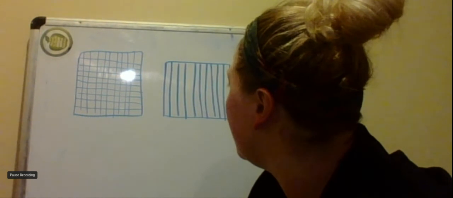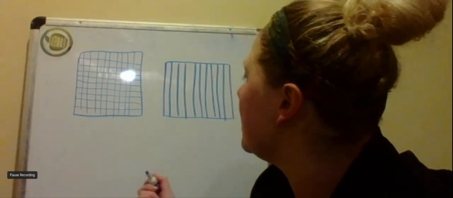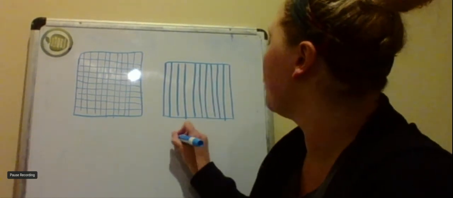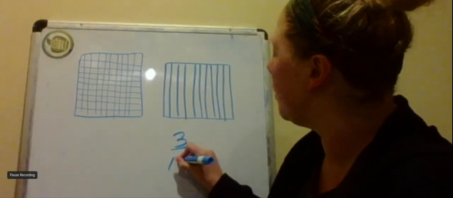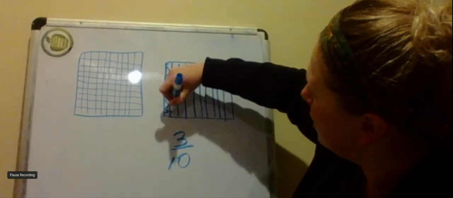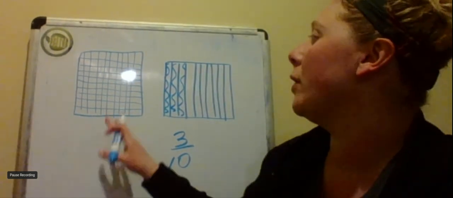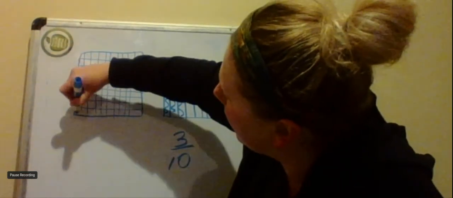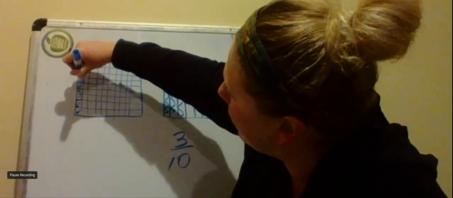So if I had, let's say, let's find 3 tenths, what it would be equivalent to. So 3 tenths, I would shade in 1, 2, 3 pieces, right? And then for hundredths, I want to shade the exact same amount. So that would be 1, 2, 3, 4, 5, 6, 7, 8, 9, 10.